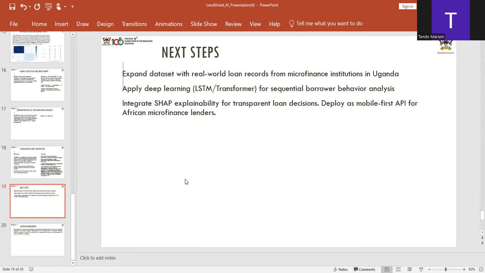It can also be used for sequential borrower behavior analysis, integrate SHAP explainability for transparent loan decisions, and deploy the APIs to help African microfinance lenders.